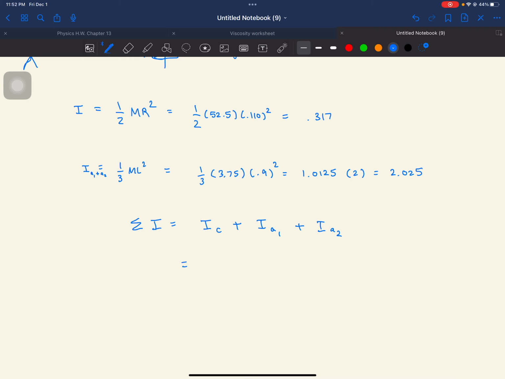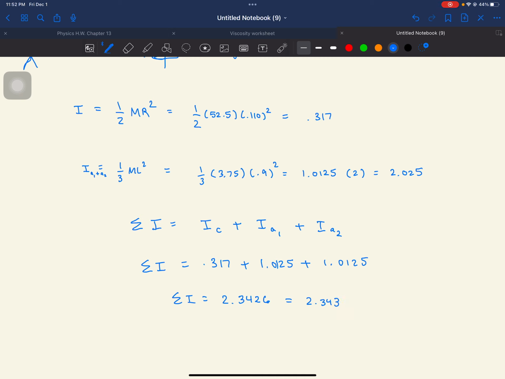If we plug that in, the sum of the moments of inertia is equal to 0.317 plus 1.0125 plus 1.0125, and this would equal 2.343.